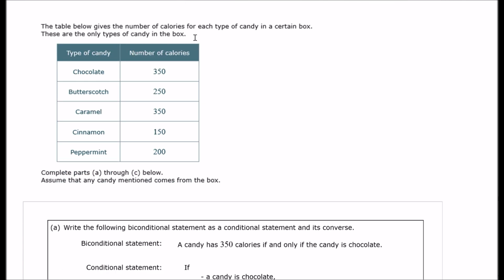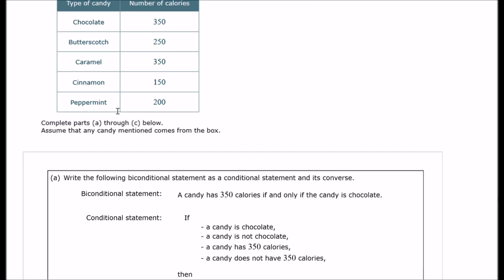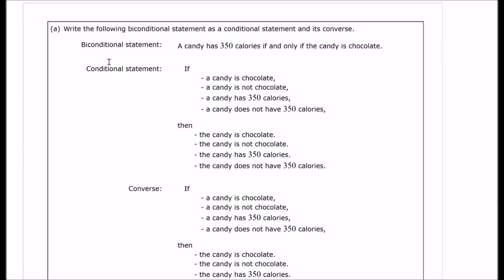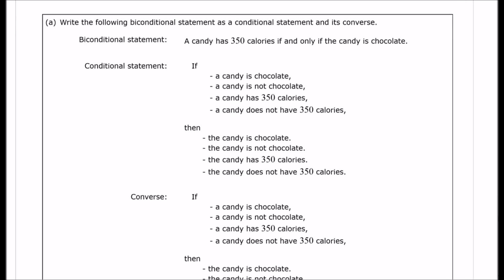The table below gives a number of calories for each type of candy in a certain box. Write the following biconditional statement as a conditional statement and its converse. A candy has 350 calories if and only if the candy is chocolate.